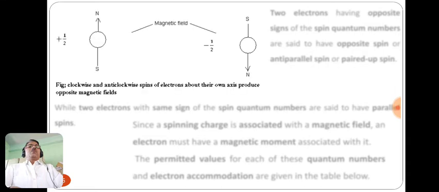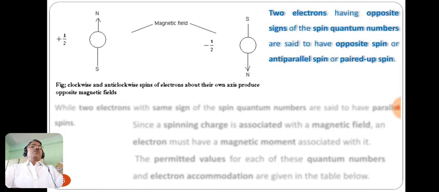Now let us see the clockwise and anti-clockwise spins of electrons about their own axis that produce a magnetic field. This is the spinning of the electron in the clockwise direction, shown by plus half, and that produces a magnetic field. This is the spin of the electron in the anti-clockwise direction, shown by minus half, and both spinnings produce magnetic fields in opposite directions.